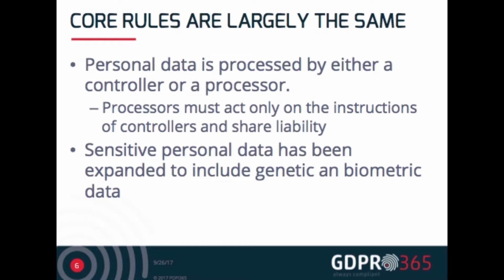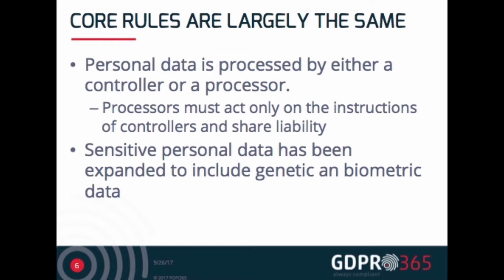Photos on social media are considered personal data. So the rules focus on any personal data that is processed by either a controller or a processor. A controller is a company that holds the personal data and decides how that personal data is being used. A processor is a company that in some way processes or holds that personal data, but is doing it on the instructions of a controller.